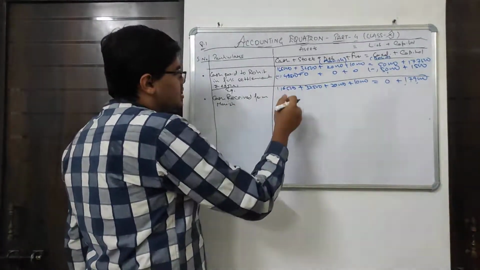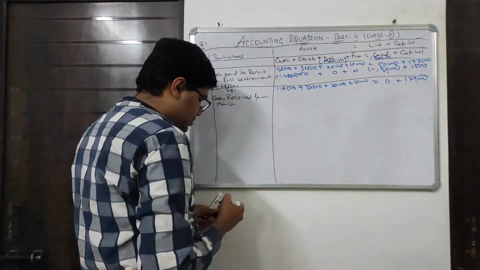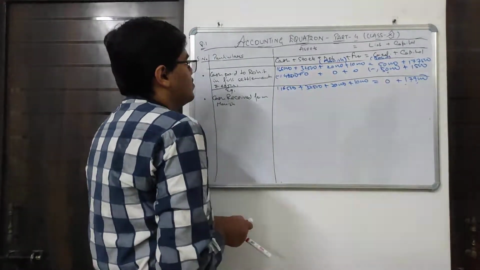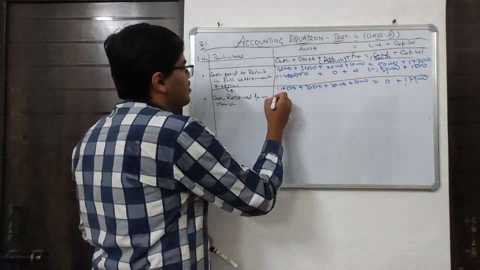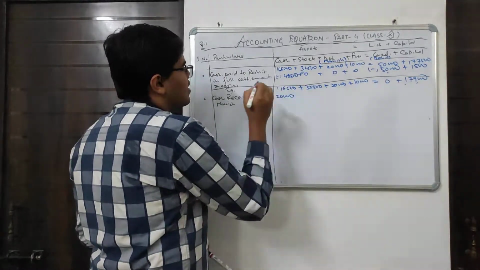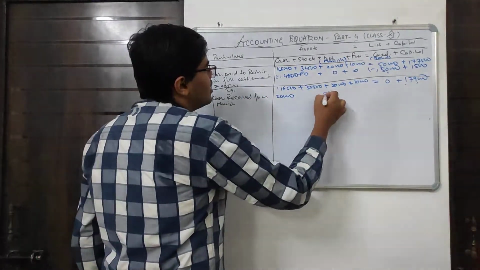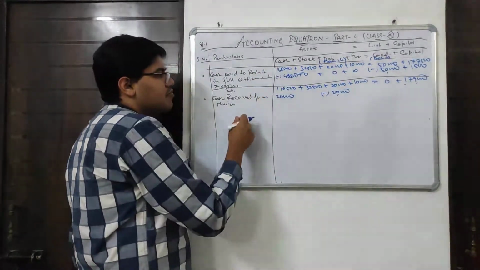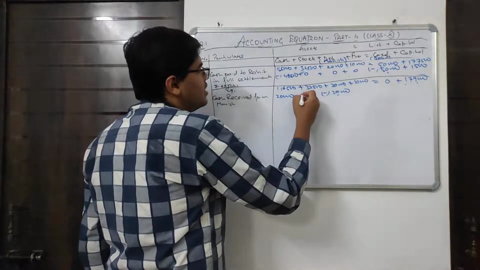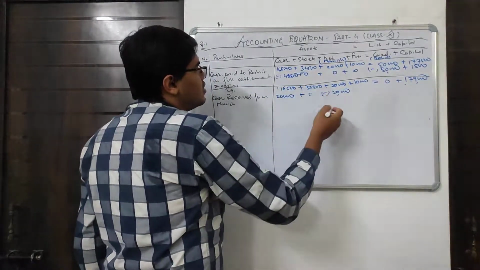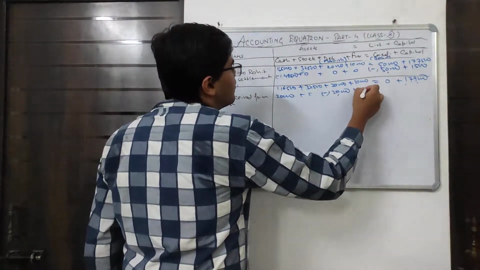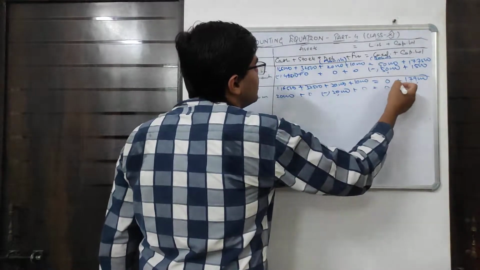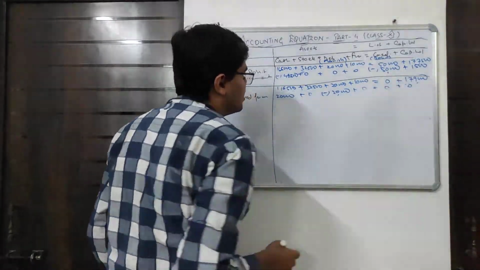So this 20,000 will come into the business, 20,000 will be added in cash and now 20,000 will be deducted from Manish. Now he has paid the amount to us, so that 20,000 will be deducted. Rest no change in stock, no change in furniture, no change in creditor and no change in capital.